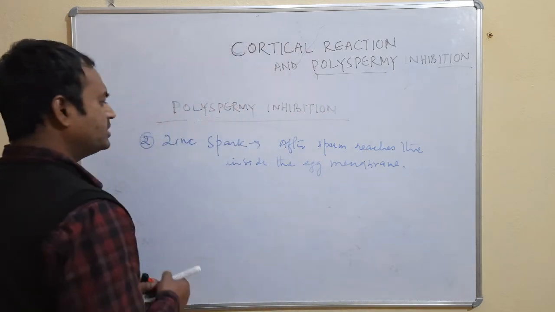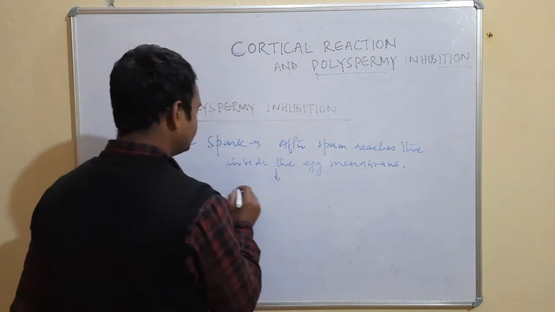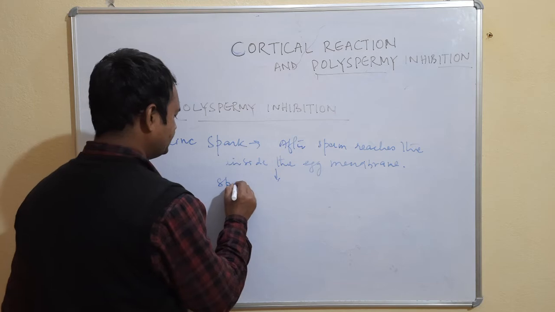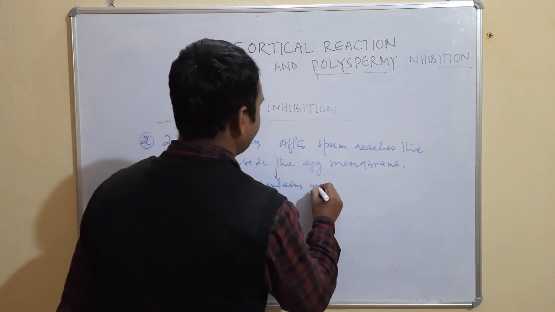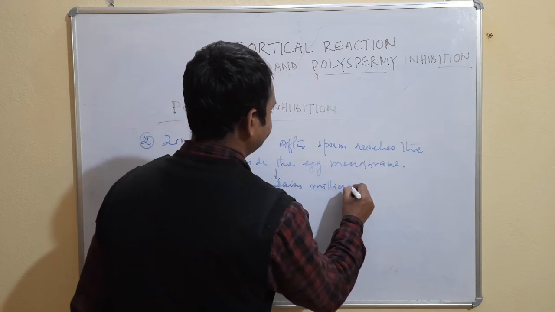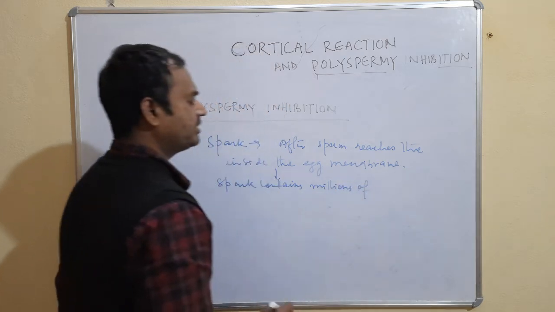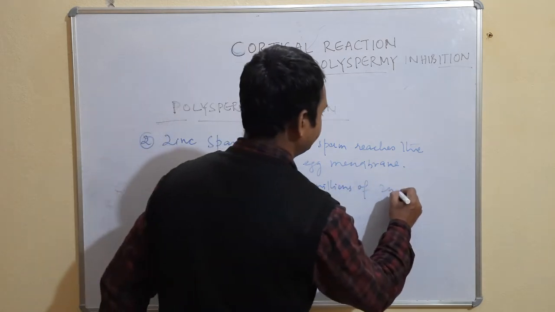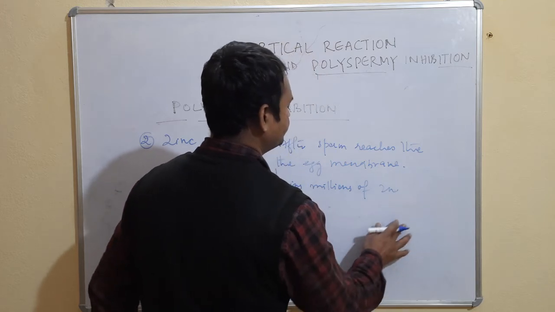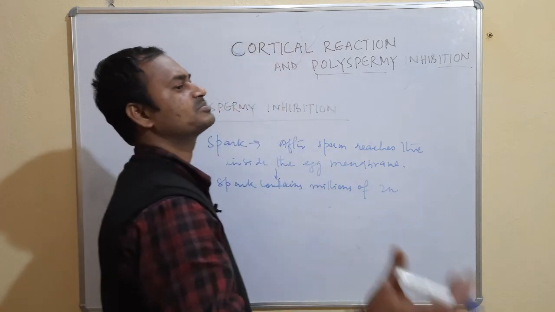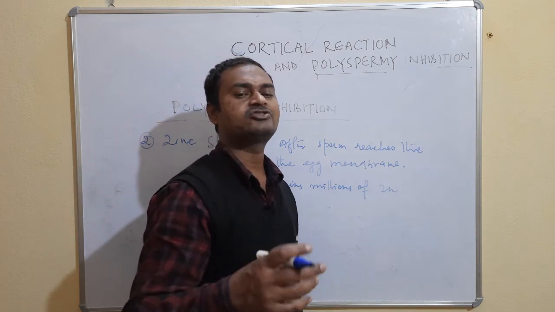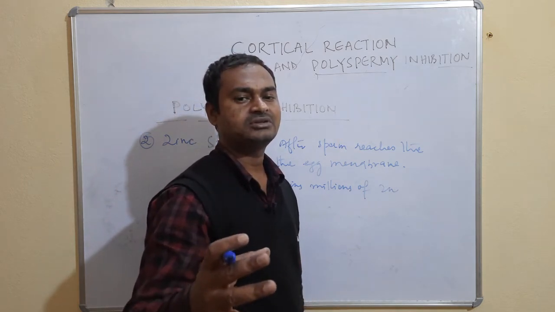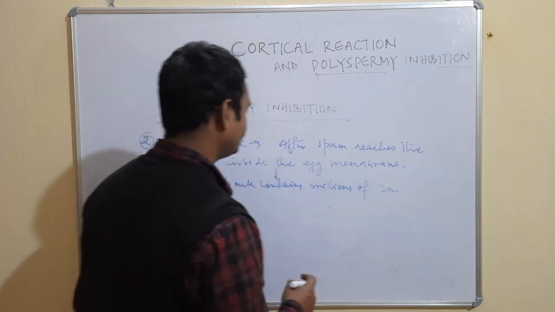So what does it do? The spark contains millions of zinc. Okay, millions of zinc. Experimentally, the zinc spark could be seen as a flash of light after fertilization.